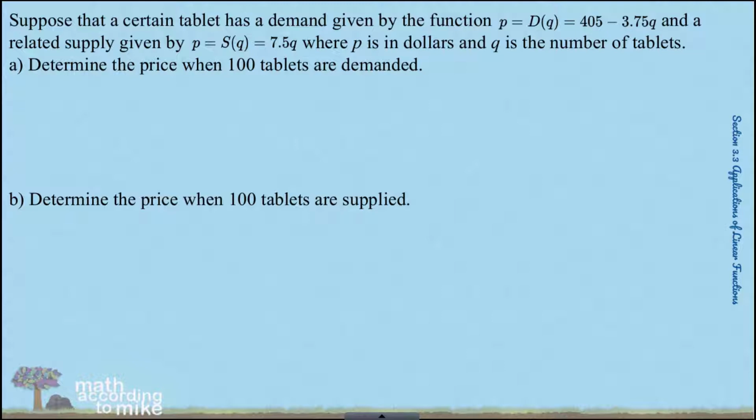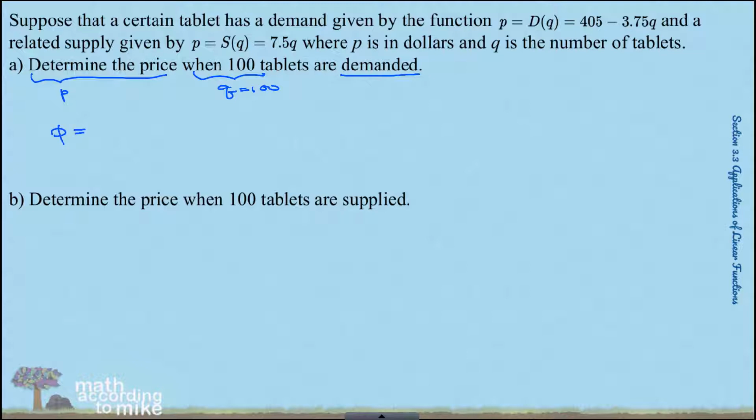All right. So determine the price. This part means find P when 100 tablets are demanded, when Q equals 100. And notice demanded means we're looking at the demand function.